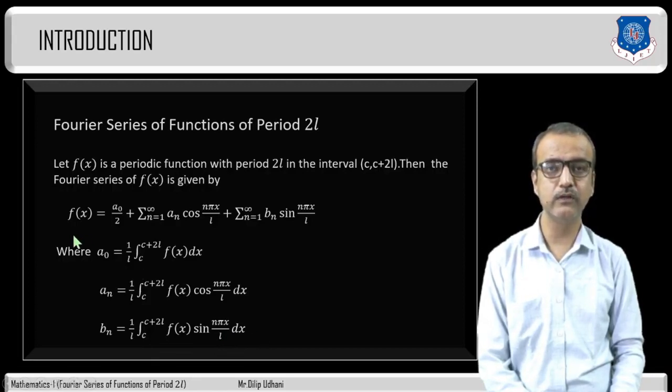So this is the formula with the help of which we can find the Fourier series of a periodic function f(x) in the interval c to c plus 2L.